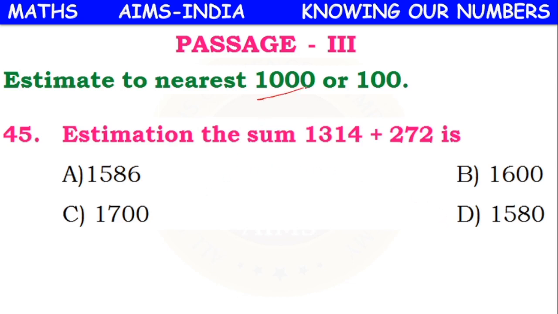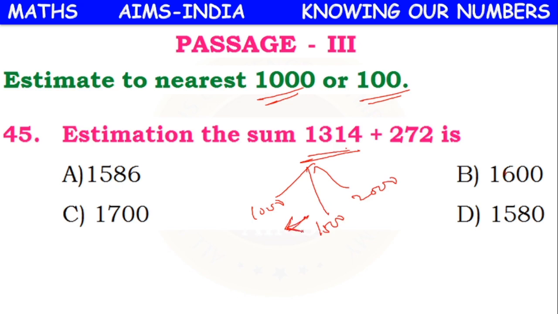Estimate to nearest 1000 or 100. Nearest 1000, 1314 is between 1000 and 2000. The between number is 1500. 1314 is to the left of 1500.